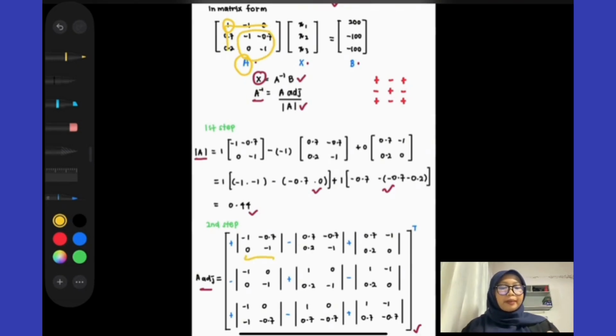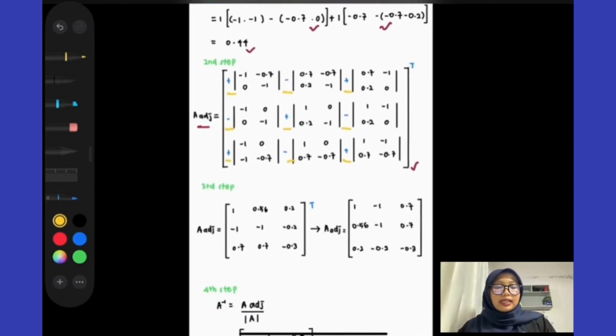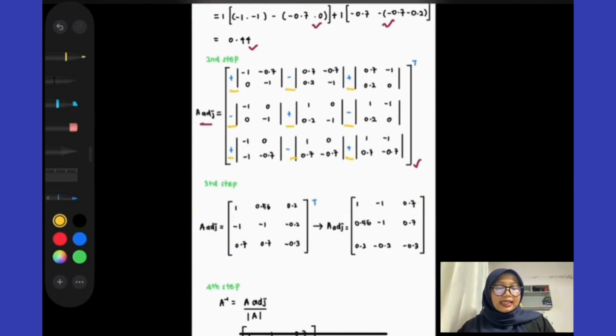Just use the same method for all elements, like you did in the step to find the determinant of A before. Just refer to the sign to put it here, like this. And then you will get A adjoint like this.